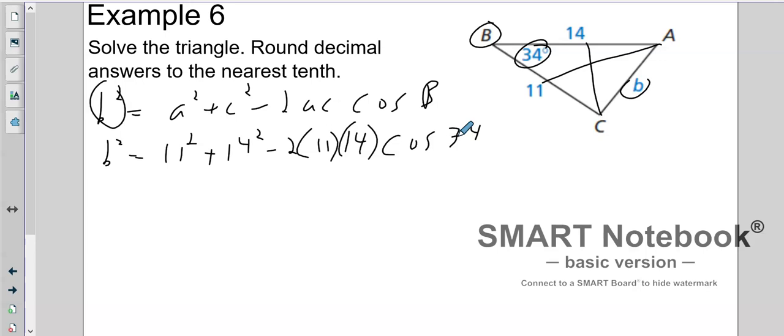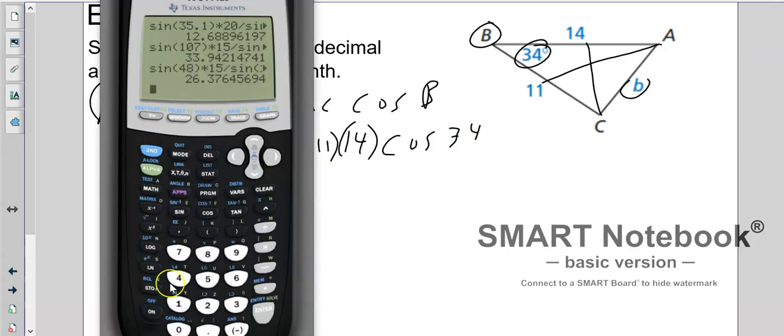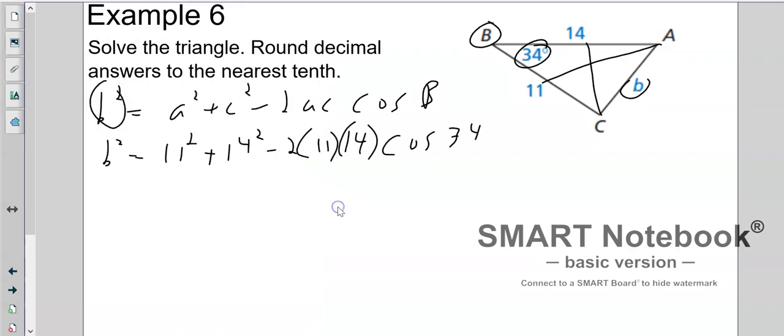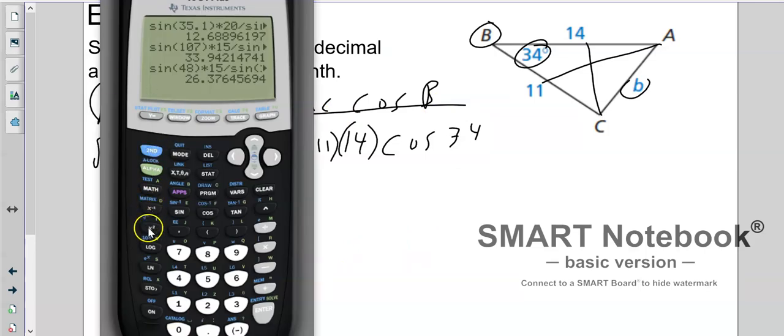just be careful. Okay, so we're going to take our calculator. And remember, we're going to have to do the square root to solve this. So you can just do this in one fell swoop if you want to. So you do second square root. Now just be careful. All right.